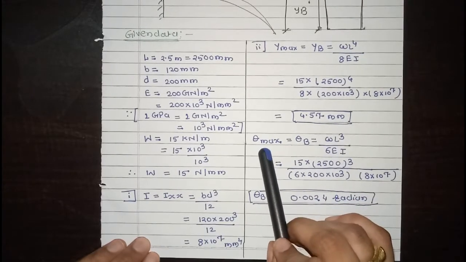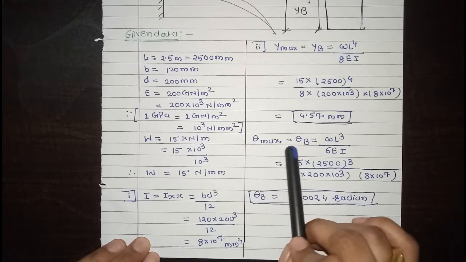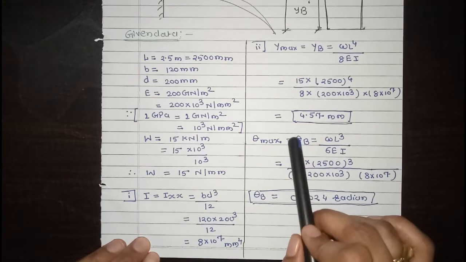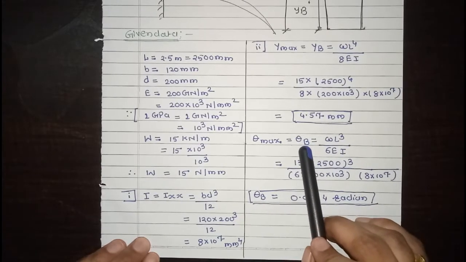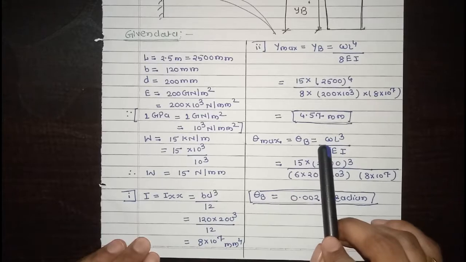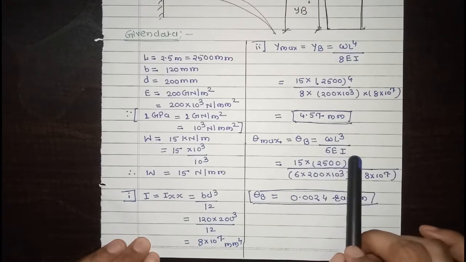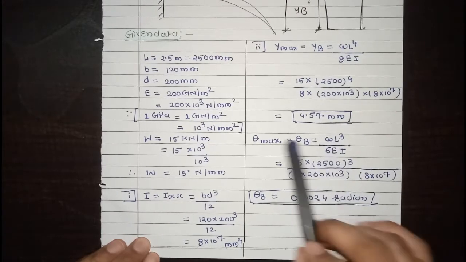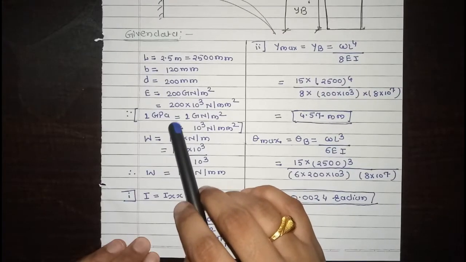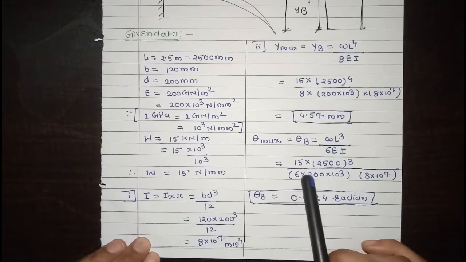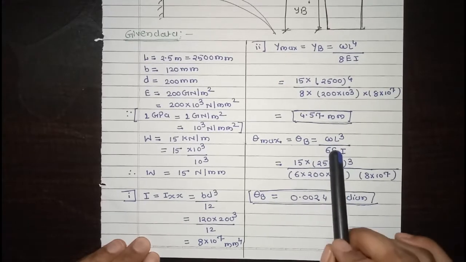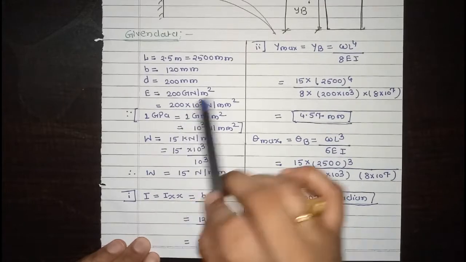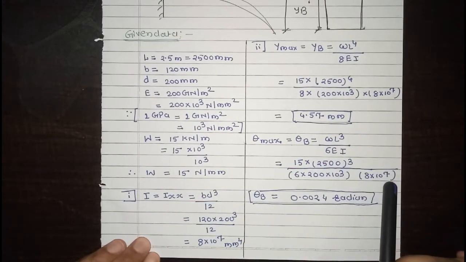So third, calculate theta max, which is theta b, the slope at the free end. What is the formula of slope for a cantilever beam with UDL? WL cube divided by 6EI. So W is 15 into L 2500 cube divided by 6 into E 200 into 10 cube into I 8 into 10 to the power 7.